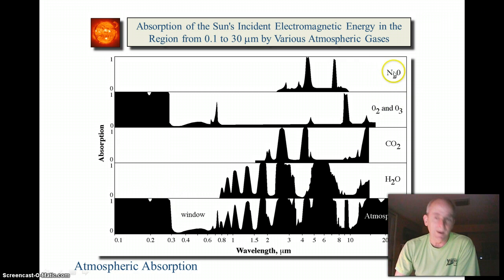Nitrous oxide is a greenhouse gas. Oxygen and ozone. Ozone is a greenhouse gas, occurs in the high atmosphere and in the low atmosphere, much more harmful in the low atmosphere for public health. In the high atmosphere, helpful. It is naturally occurring, and it also is produced by human activity.